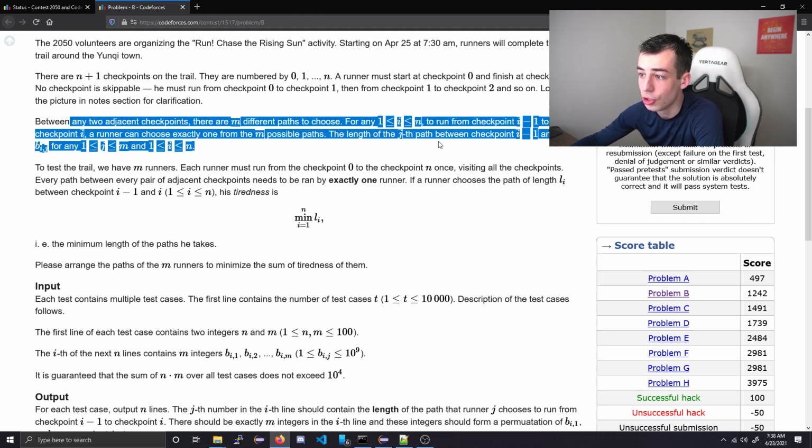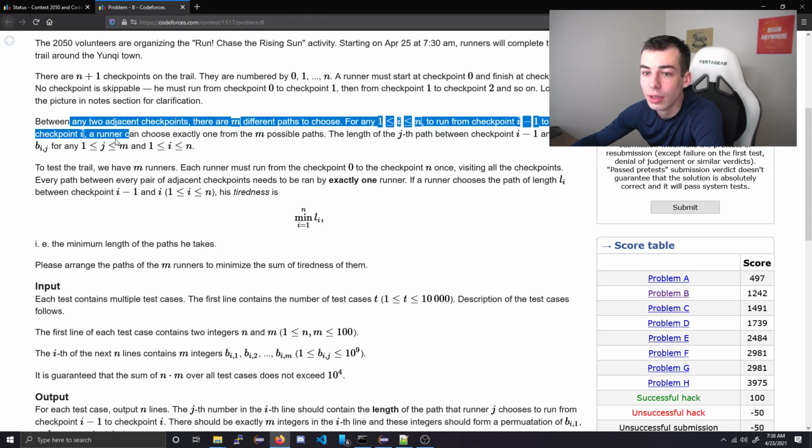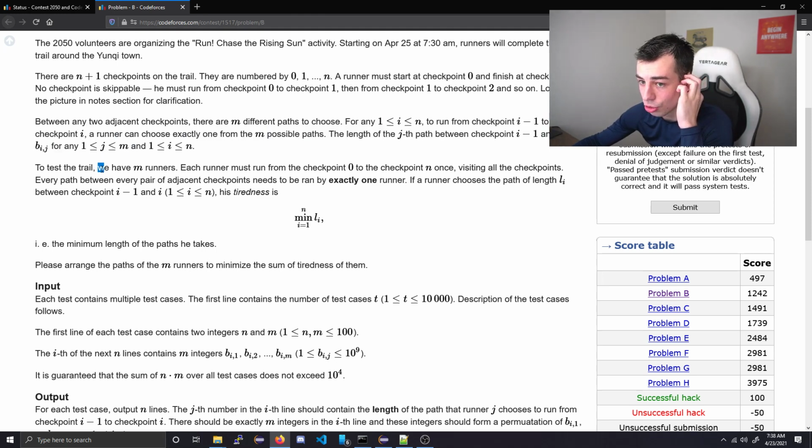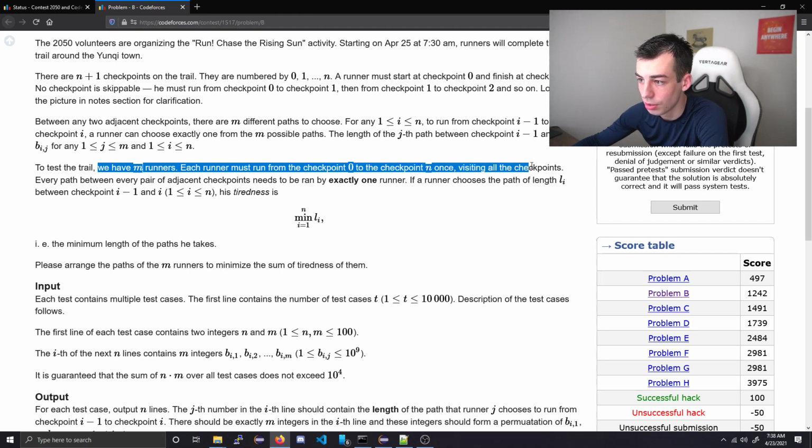The length of the jth path is b_ij. To test the trail, we have m runners. Each runner must run from checkpoint 0 to checkpoint n exactly once, visiting all checkpoints. Every path between every pair of adjacent checkpoints needs to be run by exactly one runner.